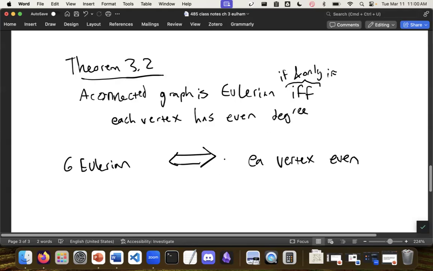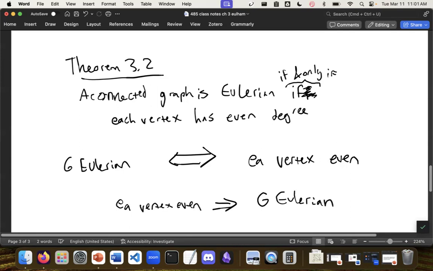And so this actually gives us two statements. If we had pretended that we only gave it one if, then a connected graph is Eulerian if each vertex has even degree. And so the way that we write that is each vertex even implies that G is Eulerian.